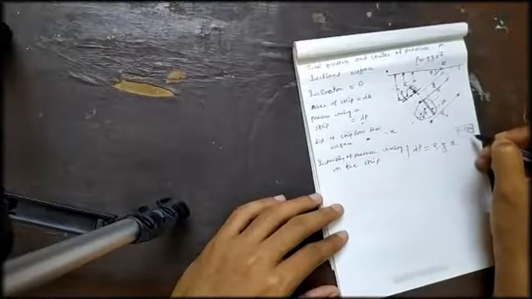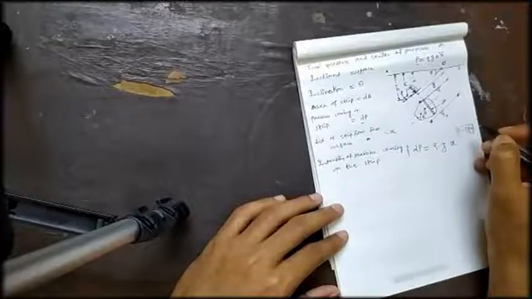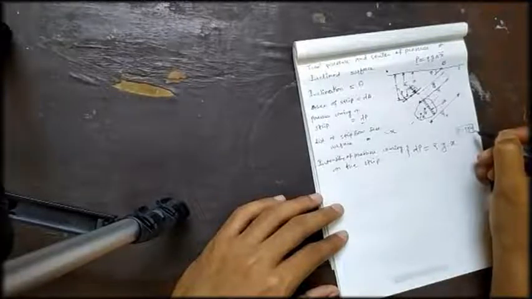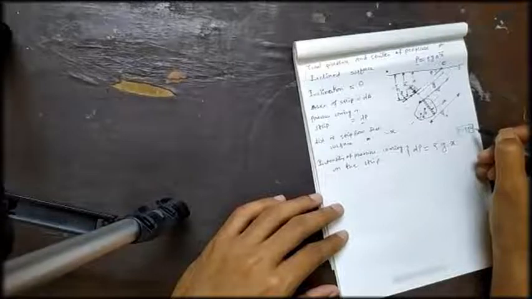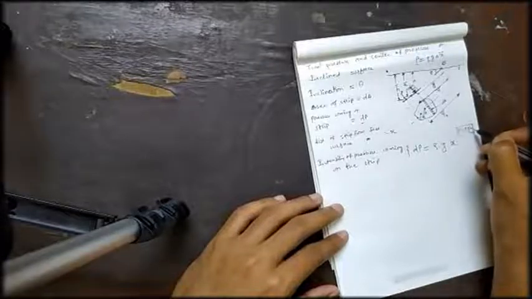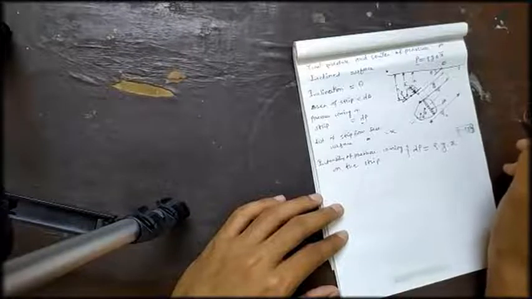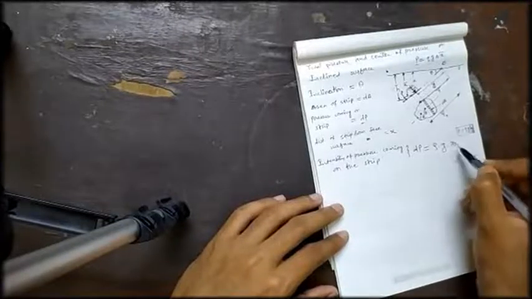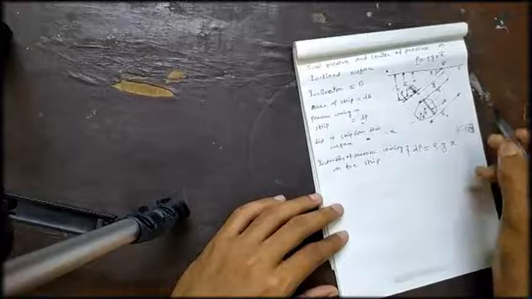Using this formula we can find out the pressure head also. Pressure head is nothing but the distance of the point at which the pressure is acting. So that h can be found. This h is nothing but our pressure head. Instead of this h, now we have taken this as x.